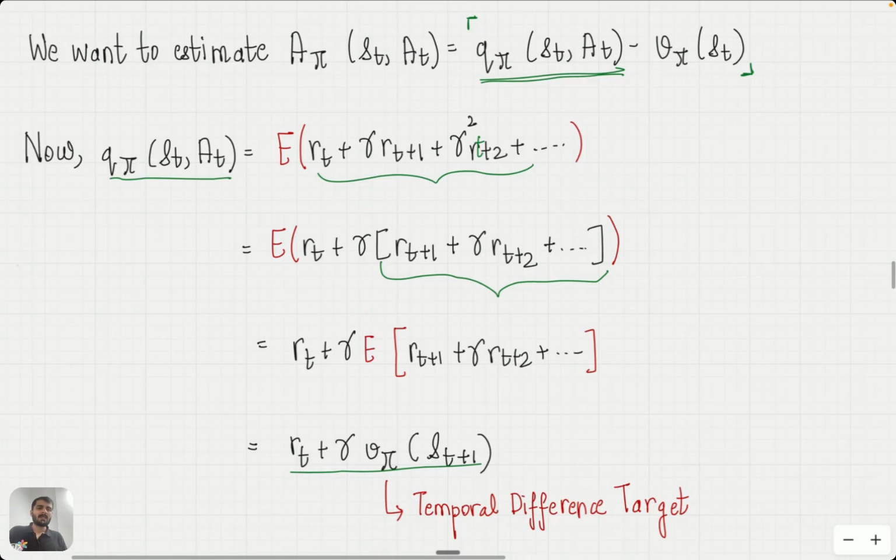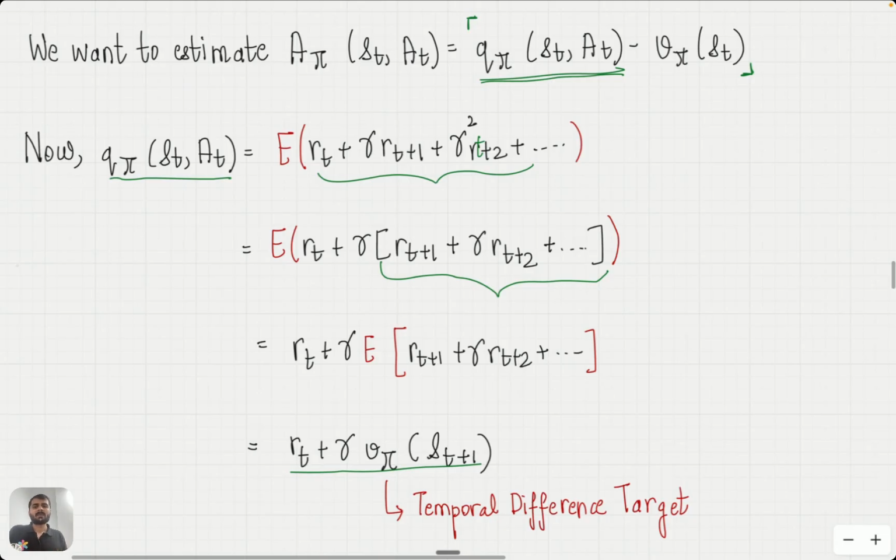Where have we used this in temporal difference methods? Remember, the problem with Monte Carlo methods was that to find the return, we had to add up all the subsequent rewards, which was problematic because it did not allow us to make immediate updates. But temporal difference methods really solved that problem because you only needed the immediate reward and the value function of the next state, which is exactly the expression that we are looking at right now.